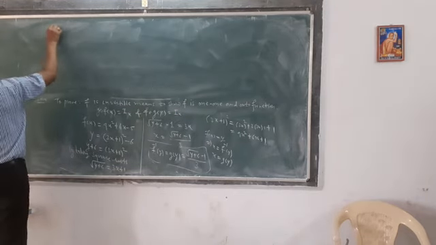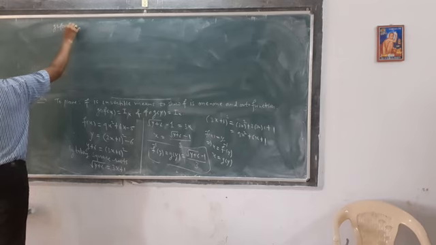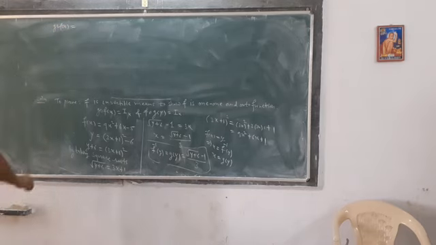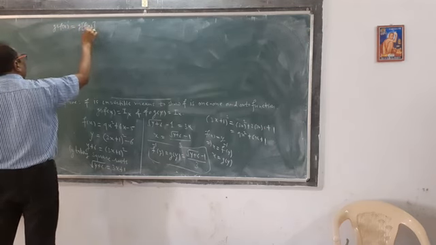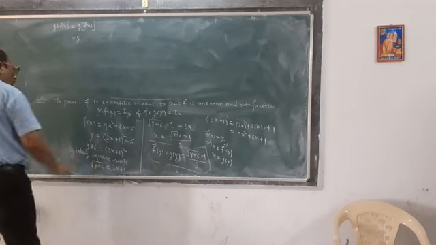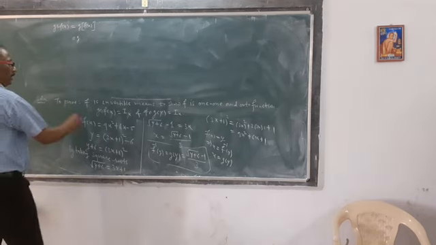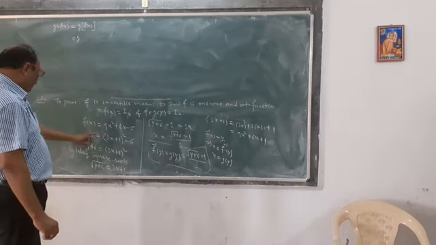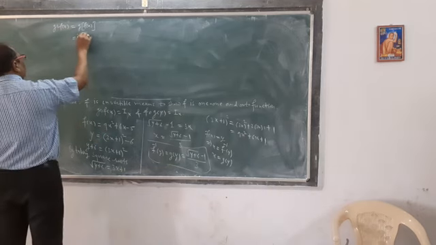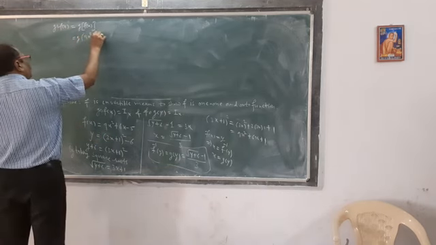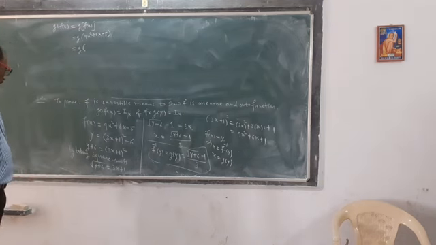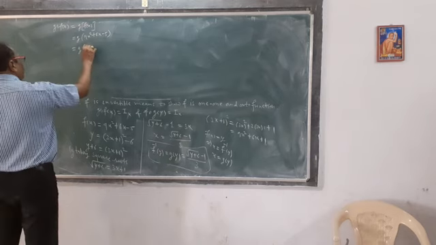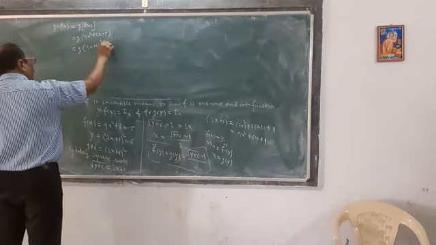G circle f of x is equal to g of f of x, which is g of, what is f of x? f of x is 9x square plus 6x minus 5, that is g of 3x plus 1 whole square minus 6.